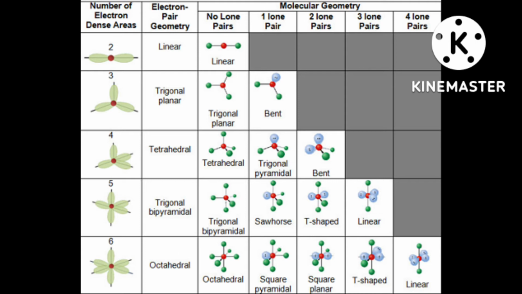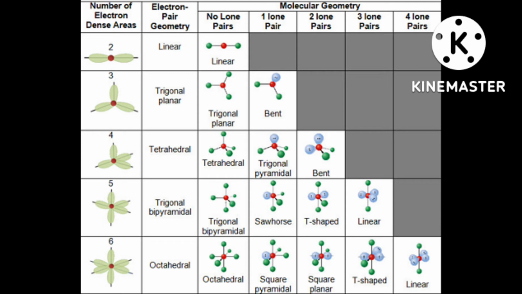If two lone pairs are there, then you write E2, for example AB2E2. E2 means 2 lone pairs of electrons.